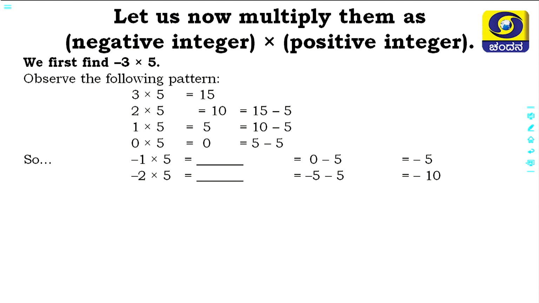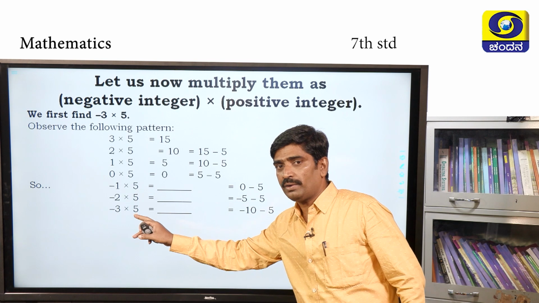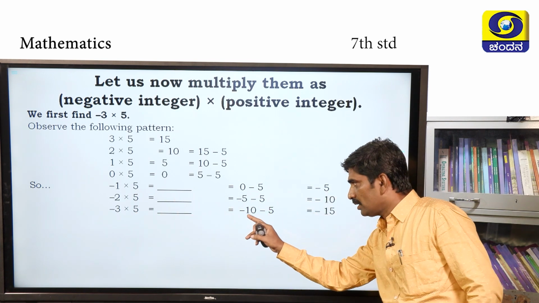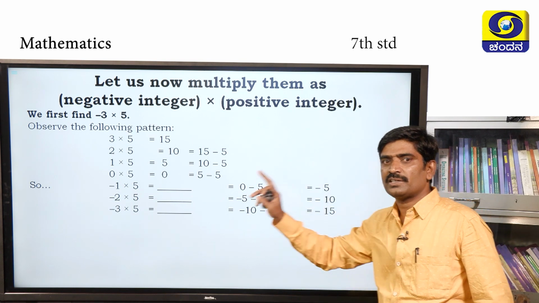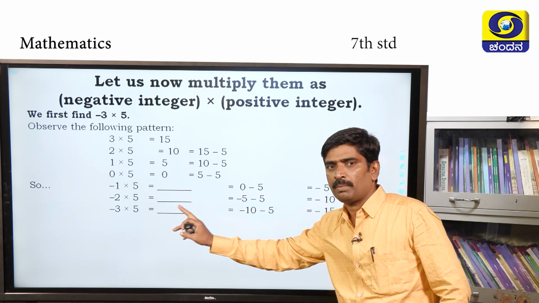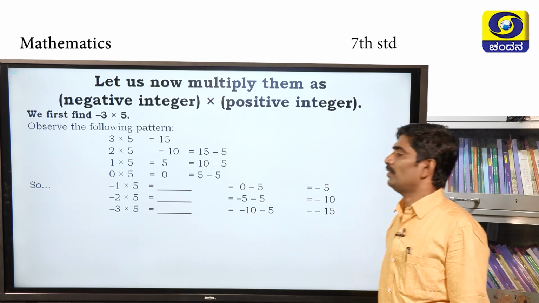Next, minus 5 minus 5 is minus 10, so minus 2 into 5 is minus 10. Next, minus 3 into 5 is minus 10 minus 5, that is minus 15.